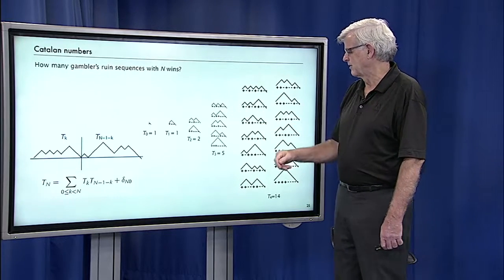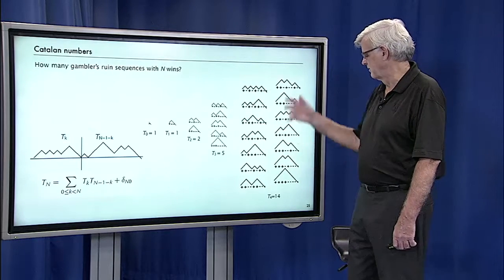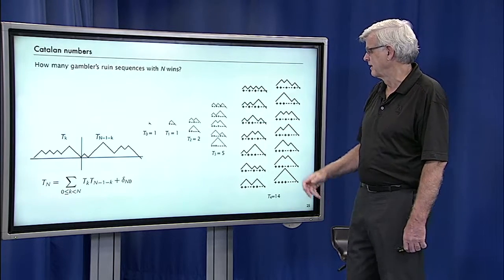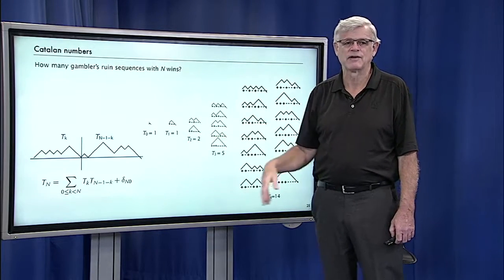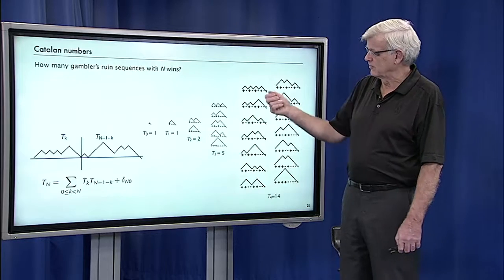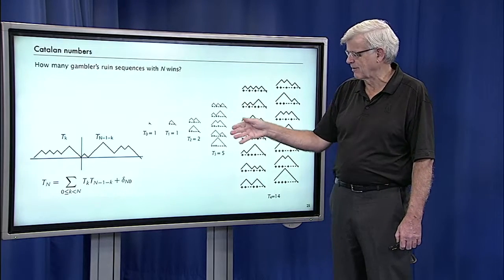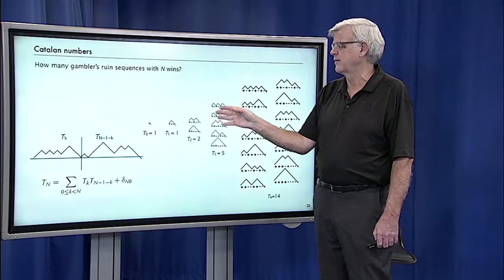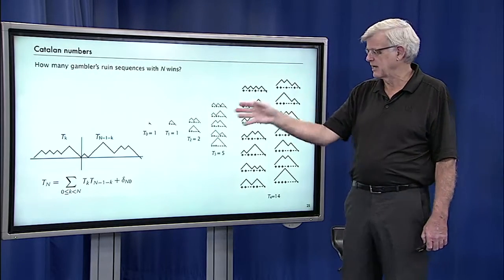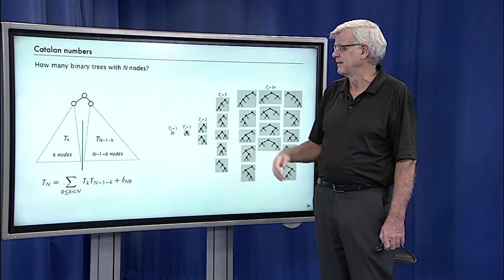And those are the only 2 possibilities. There are 5 different ways for 3 wins and 14 for 4 wins. It's the same sequence because it satisfies the same recurrence. You can set up the recurrence by the first time the gambler gets back to 0. If that happens after k wins, then independently you have gambler's ruin problems on k and then n minus 1 minus k, and it follows the same recurrence.